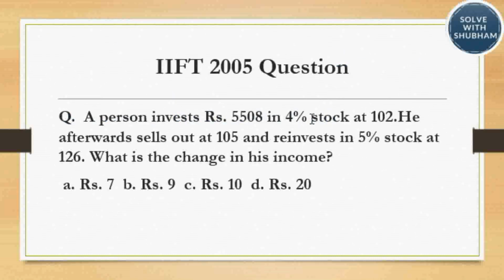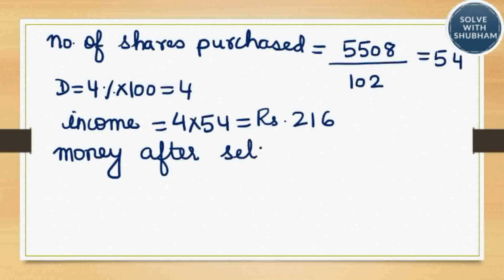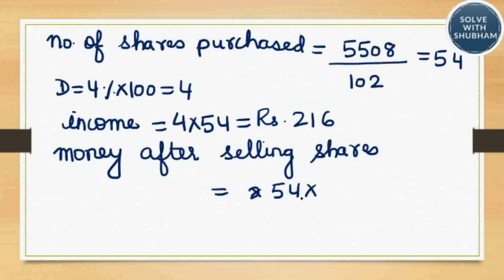Now what he has done? He has sold those shares at 105. So can we find out how much money he is having now? Money after selling these shares would be, he has 54 shares into, he is selling at 105.